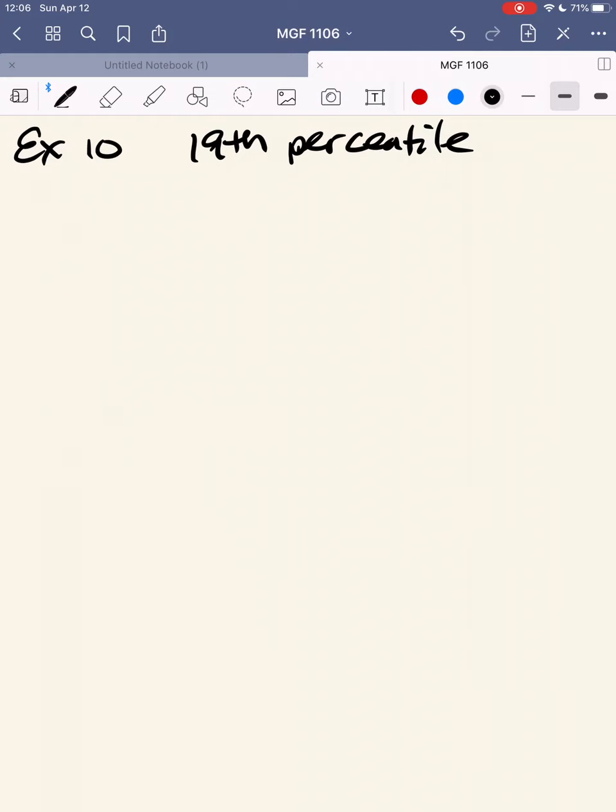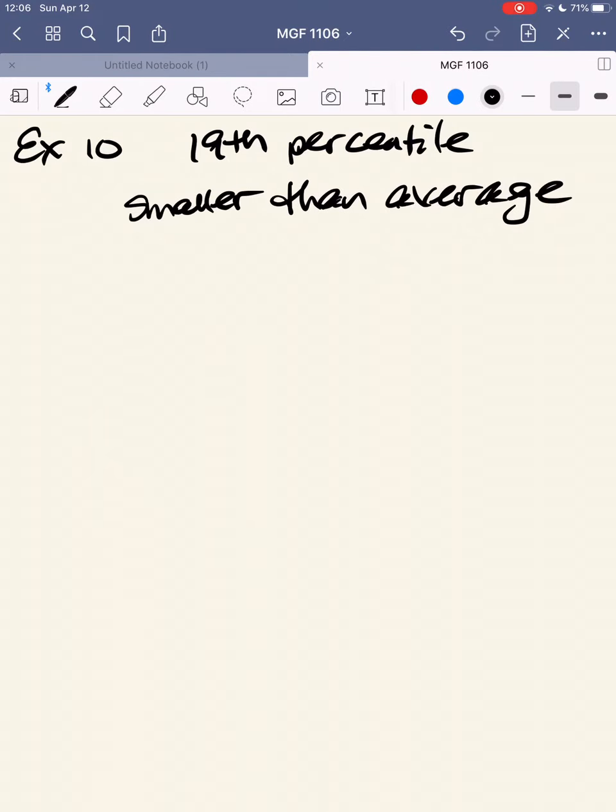If they're in their 19th percentile, are they bigger or smaller? This baby is smaller than average for their age. And that's fine. They're smaller than the average child, but that's okay. They could go ahead and catch up.